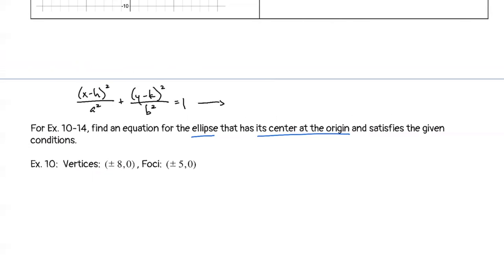How can I simplify this equation given the instructions for this particular set of examples? I argue that we're not going to need to fill in every single one of these numbers, in the sense that we can already replace some of these variables with numbers.